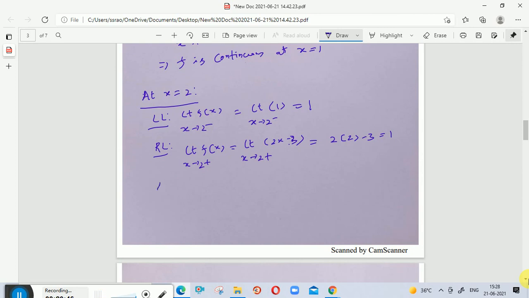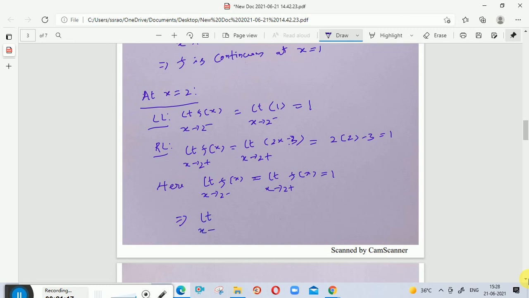Here limit x tends to 2 minus f of x is equal to limit x tends to 2 plus f of x, that is equal to 1.